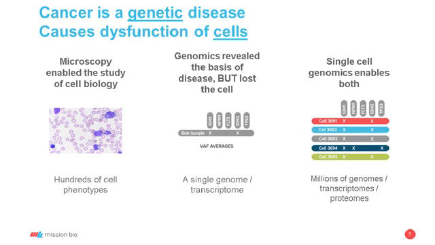We can retain the context of the cell, which is what we've been used to for centuries now, but also look deep into each one of these cells to detect what is happening at the genomic level, the transcriptomic level, or the proteomic level. This is a really powerful set of data that can help us elucidate what is going on in the cancer in a way that we've never been able to do before.